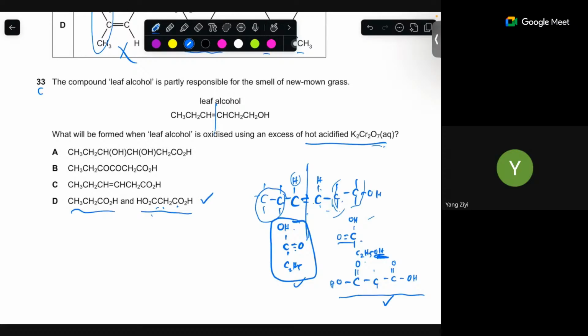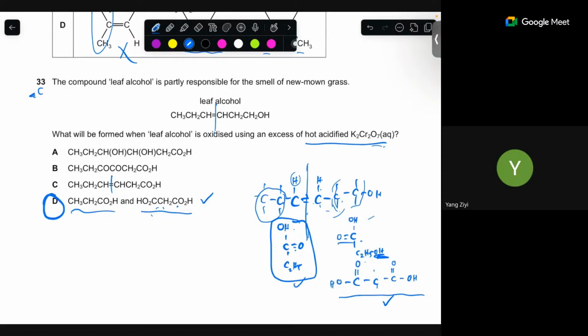Let's see. Excess hot acidified. Definitely hot acidified, you will oxidize. This will be broken. I need to check whether the answer I checked correctly or not.